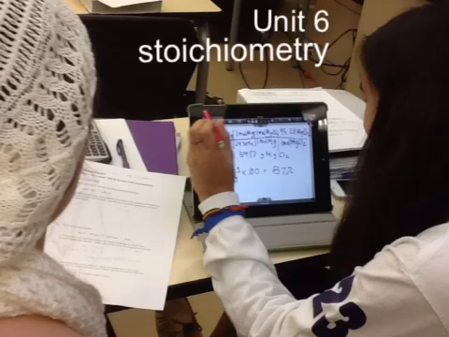Now you have to understand something about Unit 6. Unit 6 takes many of the things we've been working on for the entire year: naming compounds, balancing chemical equations, working stoichiometry problems, calculating percent yield, calculating theoretical yield.